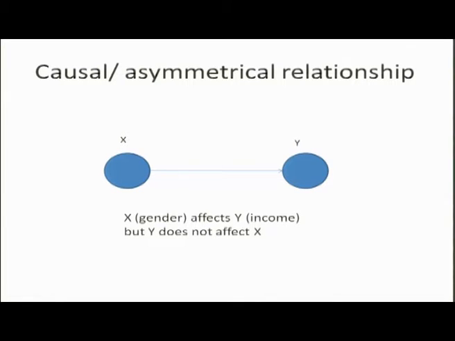For a variety of reasons, gender affects income, and in almost all countries for similar types of jobs, men earn much more than women. Income does not affect gender. Gender will not change, your income may change, but income will not change your gender. So, while x affects y, y does not affect x, and this kind of relationship is called a causal or asymmetrical relationship.